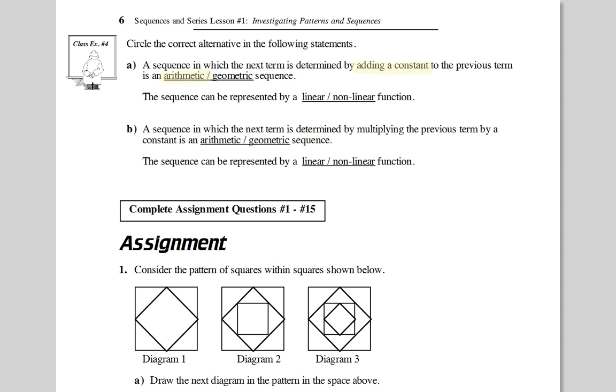The sequence is a linear function. A sequence in which we multiply is geometric and it's not linear. Any questions on that? All right.